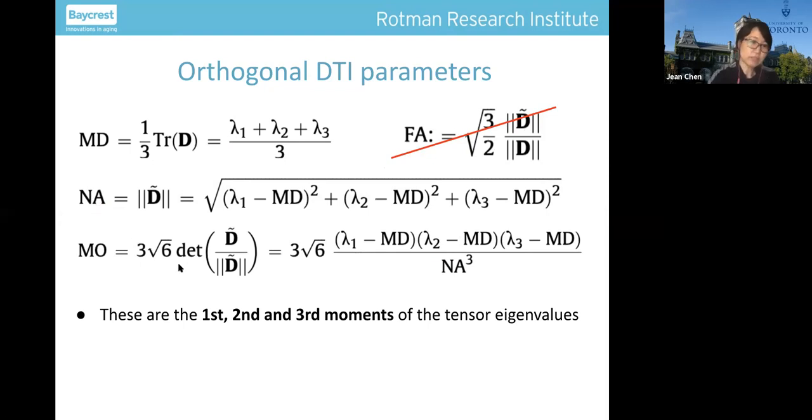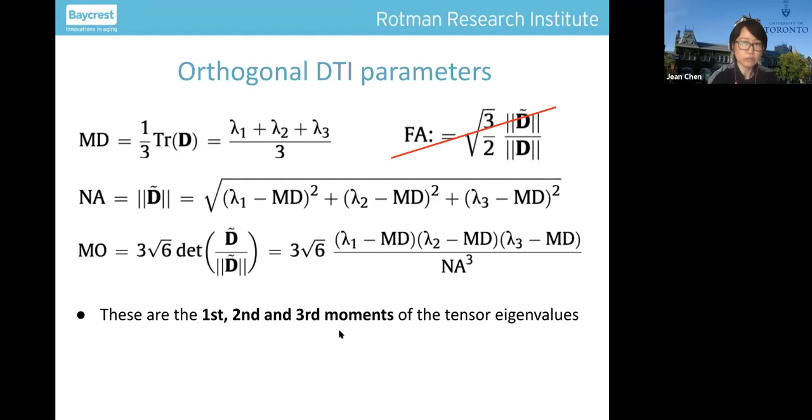In addition, based on an earlier paper which proposed the mode of anisotropy, a slight modification of Hillman's definition, the mode is actually a shape measurement. I will illustrate this on the next slide, but these three parameters together are the first, second, and third moments of the tensor eigenvalues.